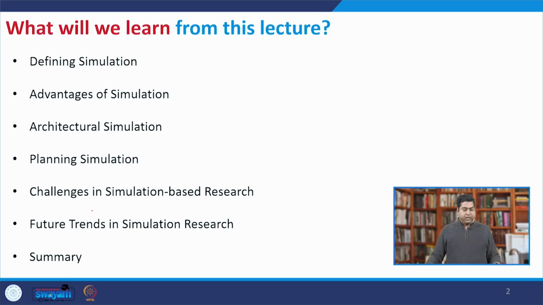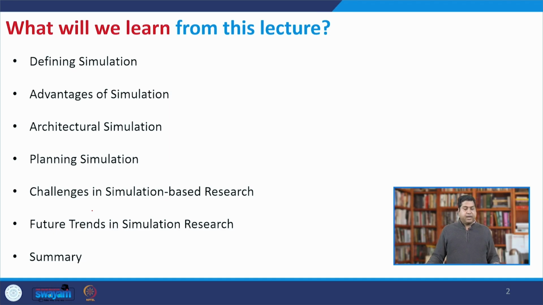Today we are at lecture number 56, titled Simulation Based Studies in Planning and Architecture. In this lecture, we'll understand what simulation is, and also discuss the advantages of simulation and applying simulation as a research method.